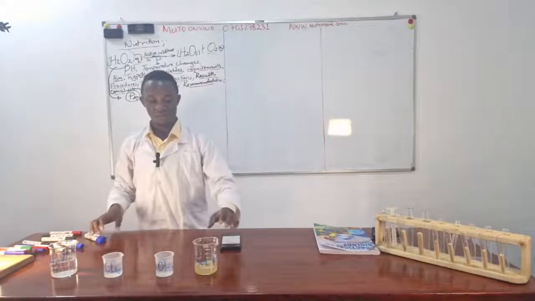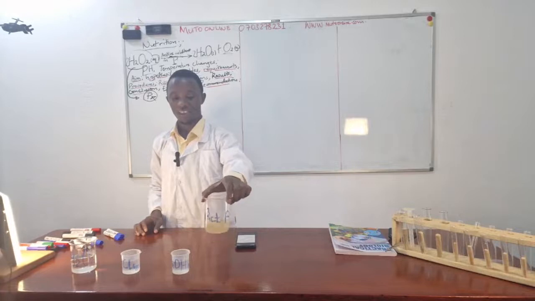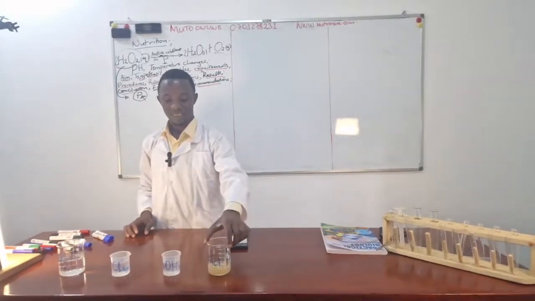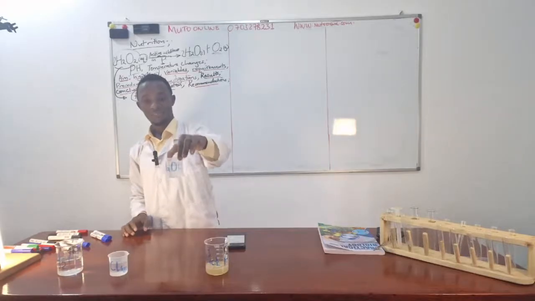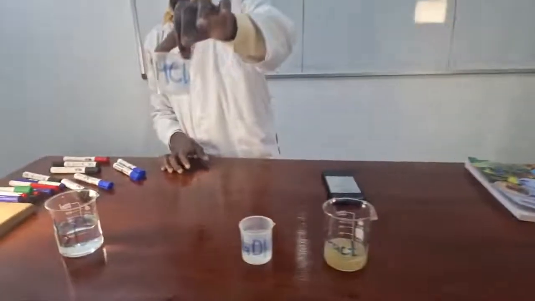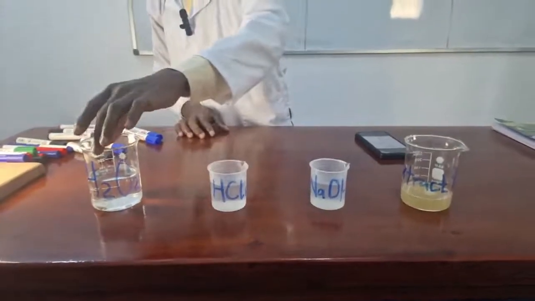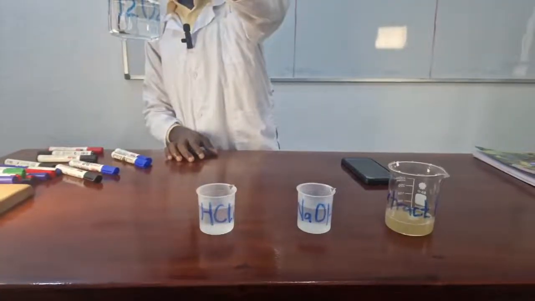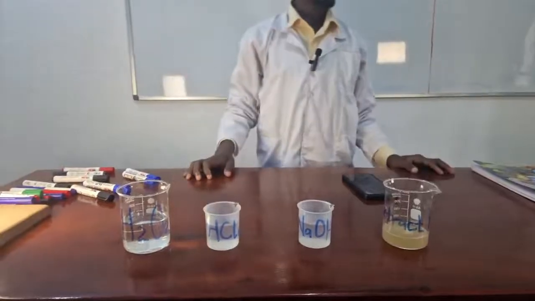So here we have the extracts. We have the extract P they use. This is the extract P. This is sodium hydroxide. We can see it. This is hydrochloric acid, and this is the hydrogen peroxide they use to bleach the cotton.